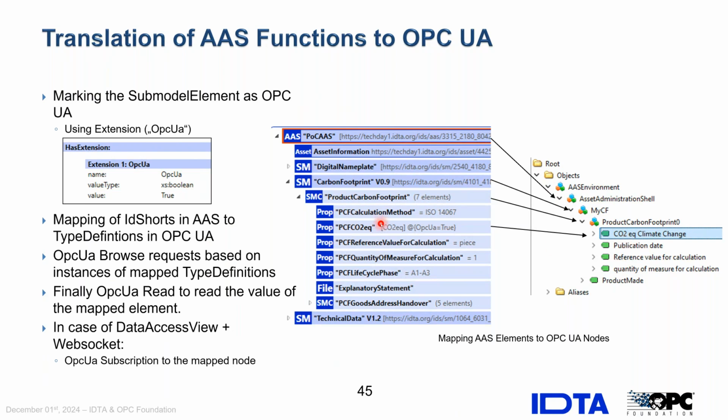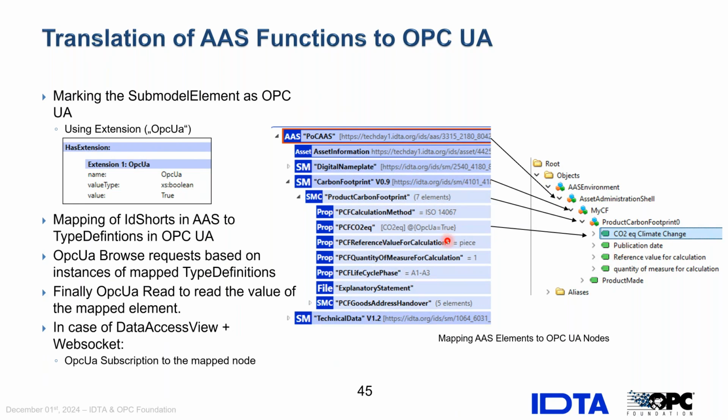And for this, we need to have the sequence of OPC UA calls to reach this particular node. For this translation, for getting the sequence of calls, we basically make use of the mapping logic that Niels just explained to us.